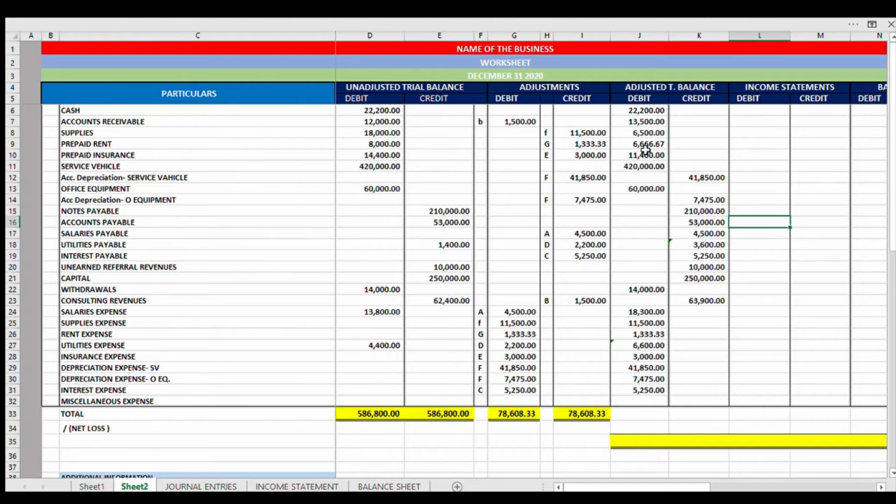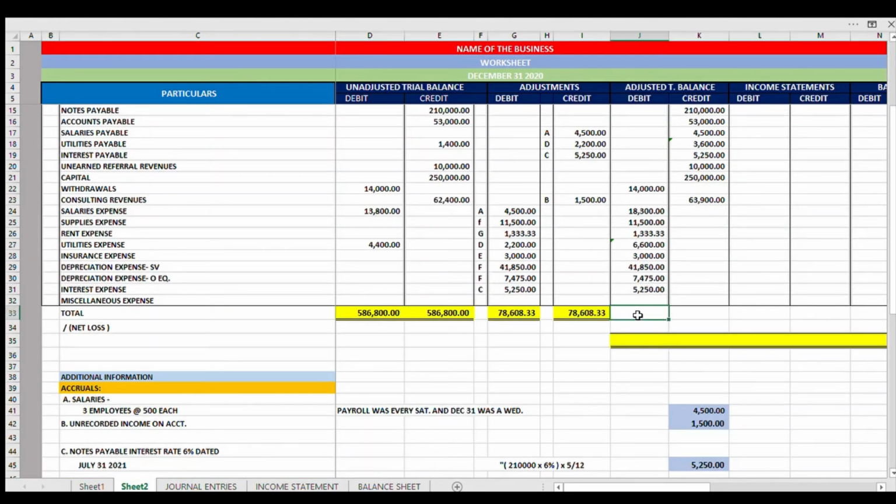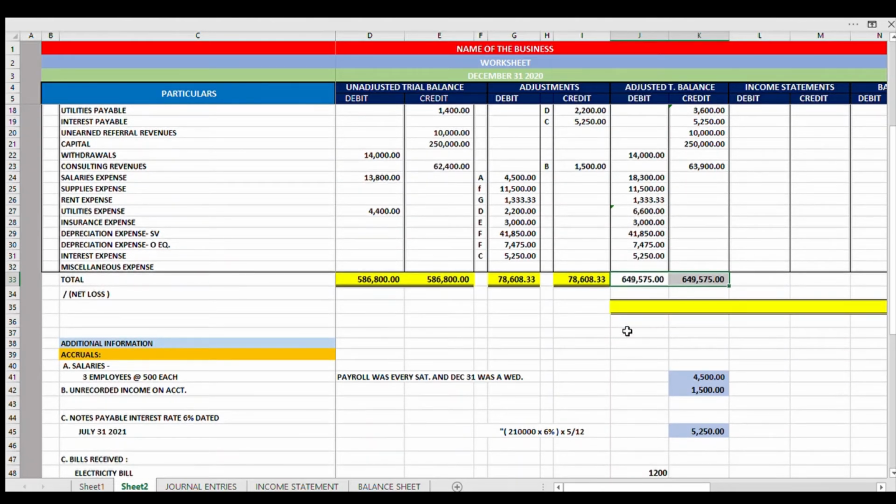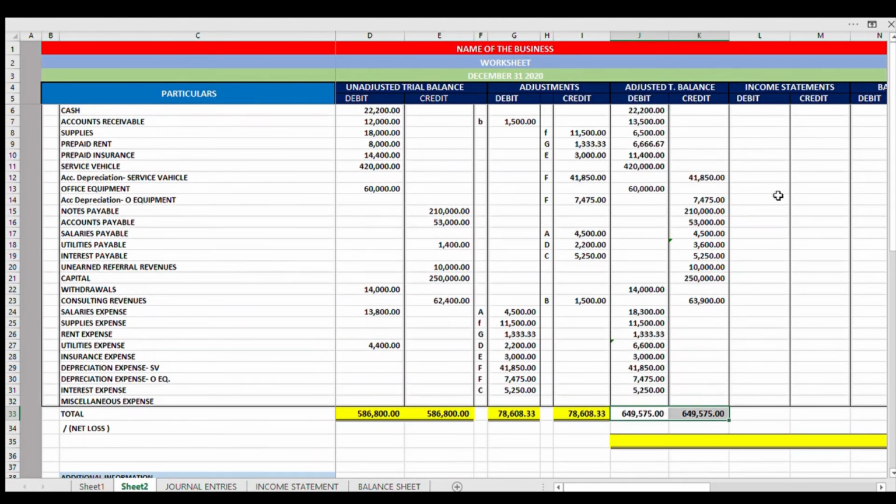The debit to debit is added, the credit to credit is added, but debit to credit is deducted and credit to debit is deducted. So that's the law of debit and credit, as we call it. So let us check the balances now for the adjusted, okay. The adjusted balance is 649,575, the debit and the credit, after extending all the adjusted balance, after reflecting all the adjustments.